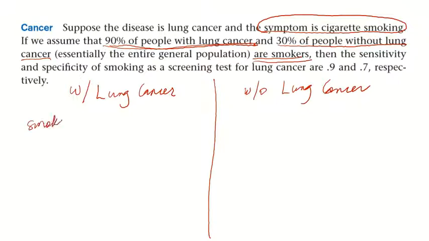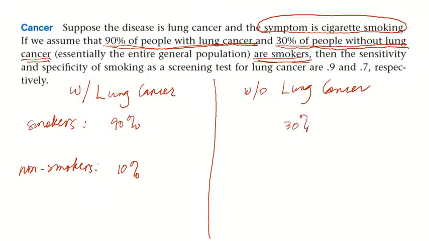So, smokers here will be 90%. And the non-smokers will be, of course, 10% of people with cancer are non-smokers. What about people without lung cancer? How many are smokers? 30% of people without lung cancer are smokers. So smokers here, 30% only. The other 70% are non-smokers.